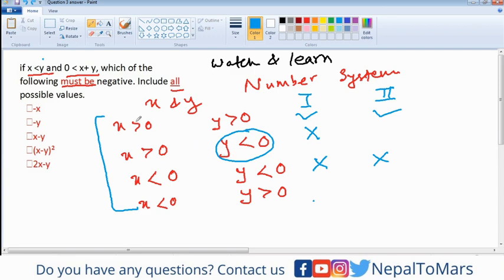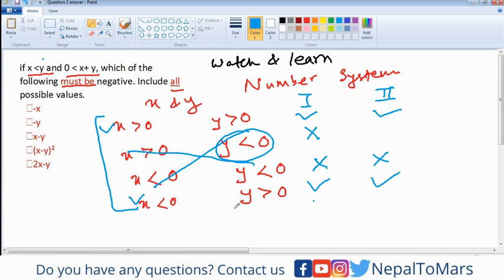So x is less than y and 0 is less than x plus y, so this condition is fulfilled. Both conditions are fulfilled. So we can use this condition and this condition, and the other condition is not applicable to our question.